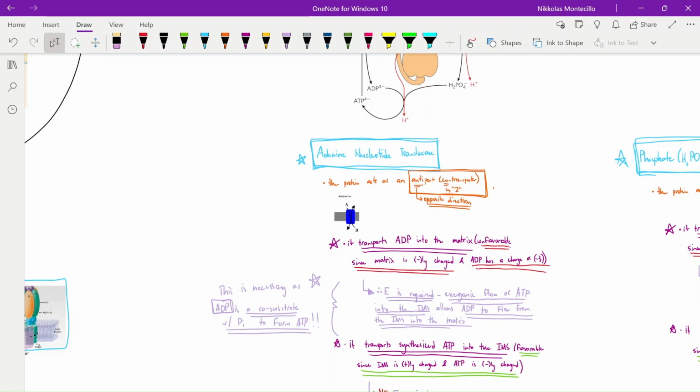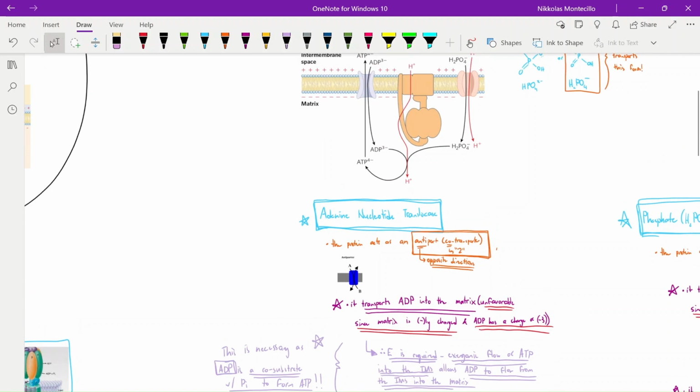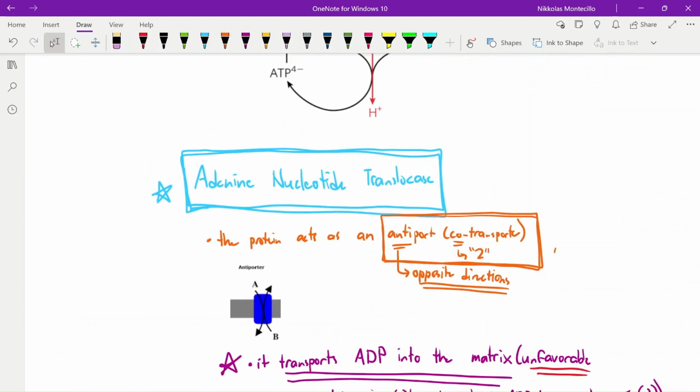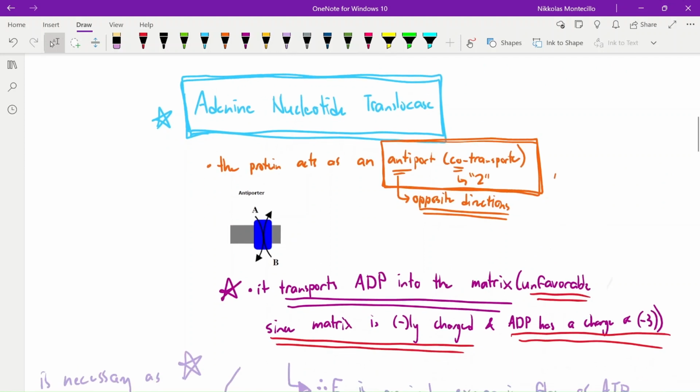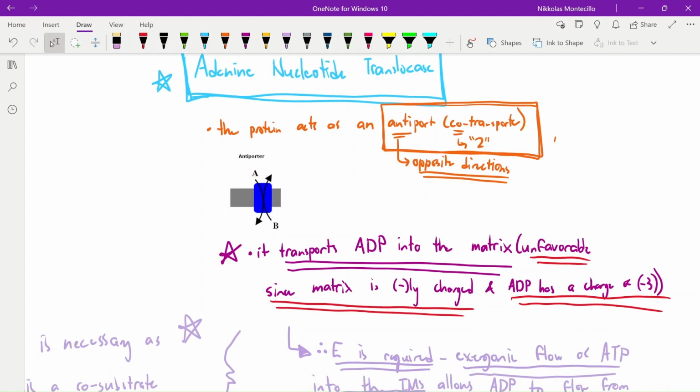Okay. Now, this protein acts as an antiport or a co-transporter, where it refers to the transport of two molecules in opposite directions. So it transports ADP into the matrix, which is an unfavorable reaction since the matrix is negatively charged, and ATP has a charge of -3.